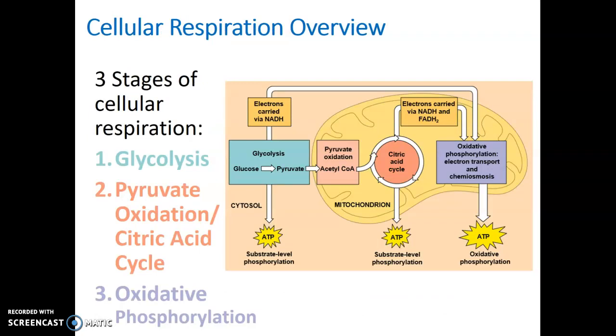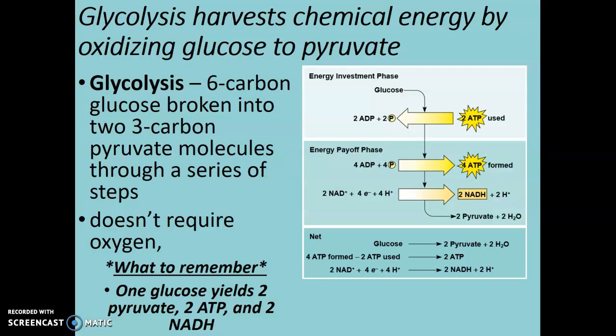There are three main stages of cellular respiration: glycolysis, pyruvate oxidation and the citric acid cycle, and oxidative phosphorylation. We're going to get into these steps. Glycolysis is where we harvest chemical energy by oxidizing glucose to pyruvate. Remember, we're oxidizing, so that's OIL, so we're losing electrons.